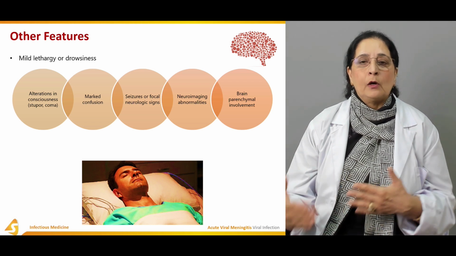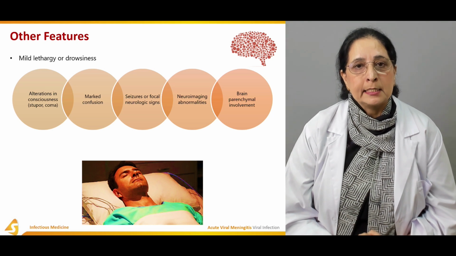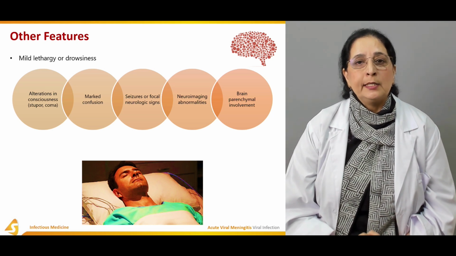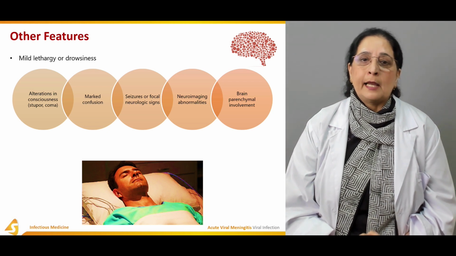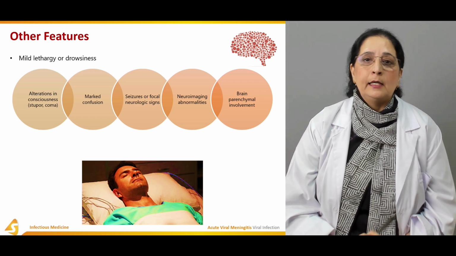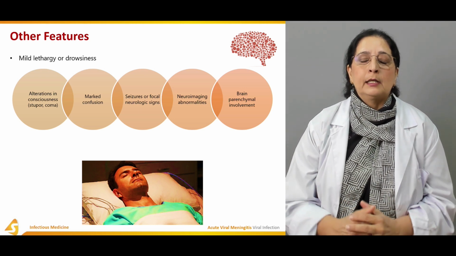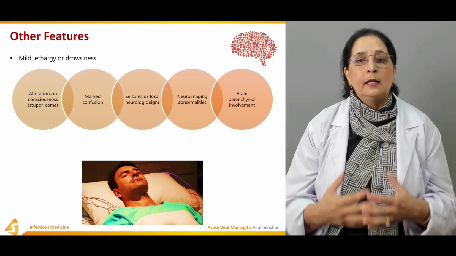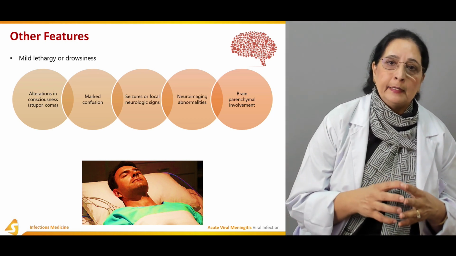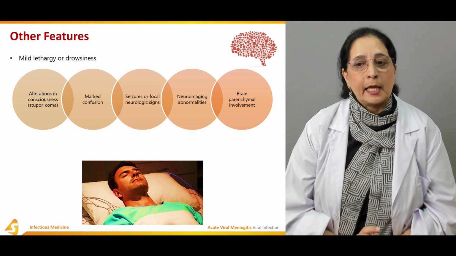So these are all the other features that may be associated with meningitis. A patient might present with seizures, they are not conscious, they have drowsiness, lethargy, coma, stupor. All these are different features that might give the idea that the patient might have meningitis and should be tested further for the diagnosis.